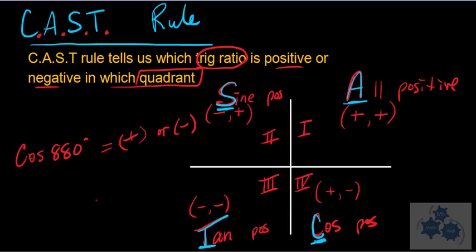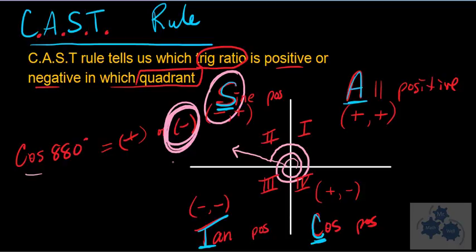But does everyone agree with that? Can you tell us why? That's right. So that's where 880 would end, and it's in this one. So sine is positive. That means cos must be negative. Very good.